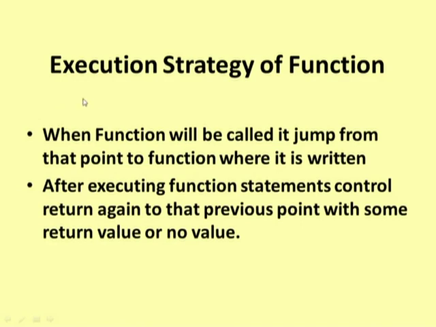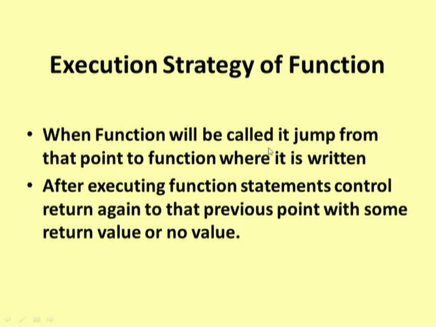Now here is the execution strategy of the function. What is the strategy when the function will be called? During the main program, if I try to run the C program, the C program is executed statement by statement, and control is transferred from one statement to another, to the third one, and up to the last. But when a function is called, what happens?